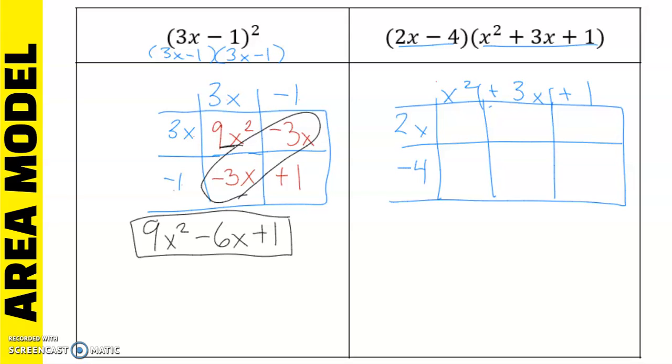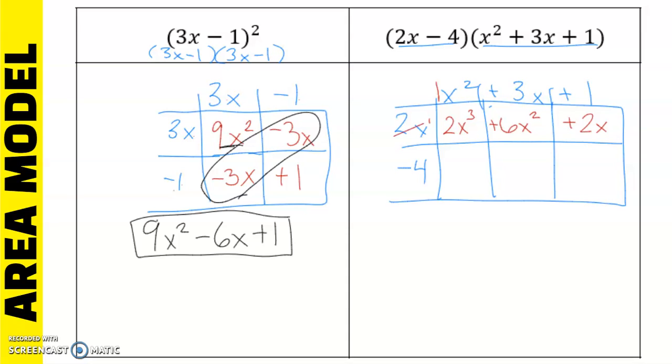2x times x squared, remember there's a 1 there, so 2 times 1 is 2. x times x squared becomes x cubed, right? Add the exponents. 2x times 3x, 2 times 3 is 6. x times x is x squared, and that's positive 6x squared. 2x times 1 is going to be positive 2x.